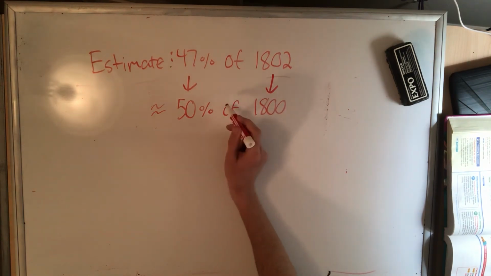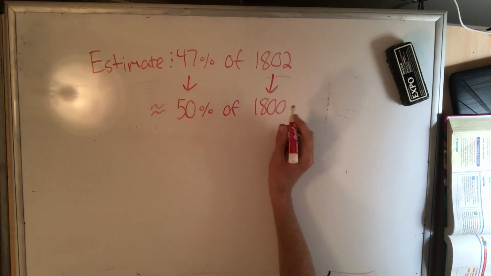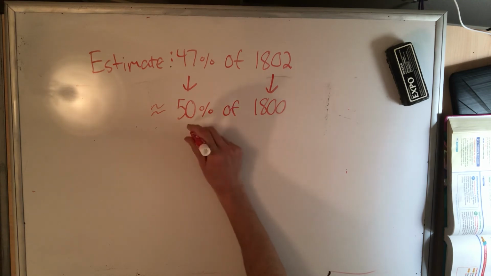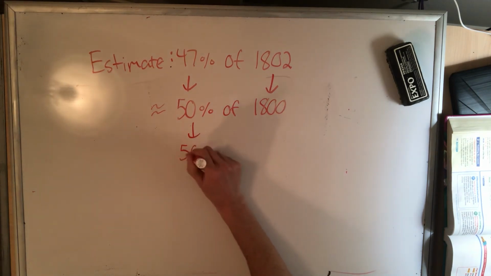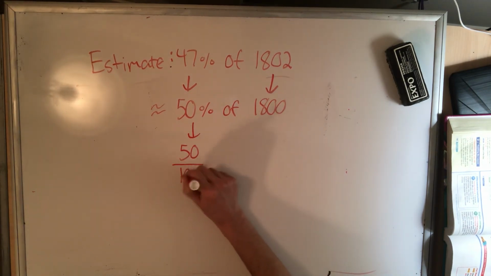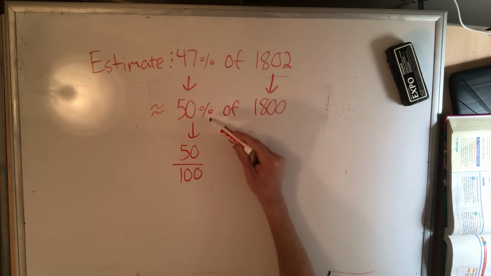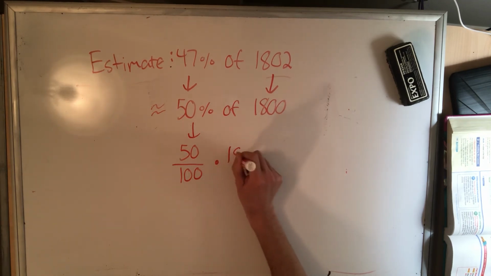50% is 1/2, because 50 is 1/2 of 100%. Or we can make that 50 over 100, since percent tells you how many hundredths you have. Of means multiplication, so it's times 1,800.